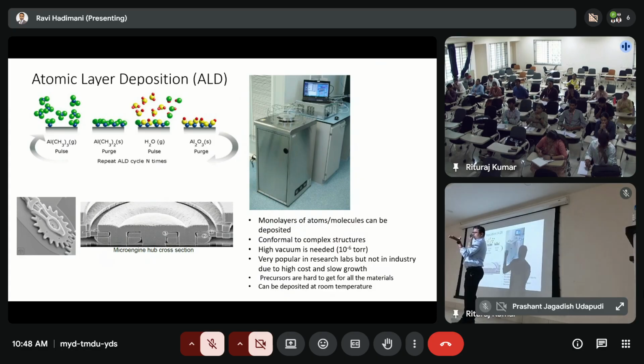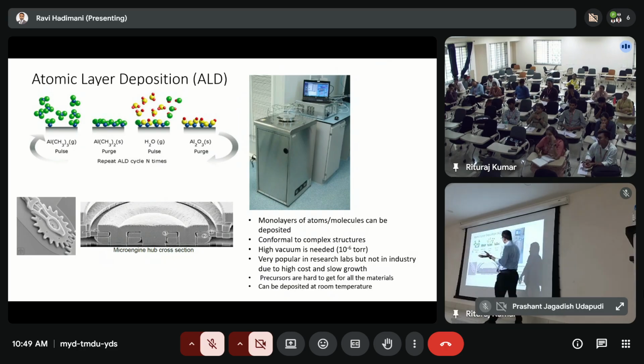Okay, and then you pulse another chemical. That chemical comes and reacts to only the monolayer that is attached, and then you purge again. Send the argon gas and it goes off. Then you will be left with a monolayer of a compound that is deposited, or any of the product of the chemical reaction.